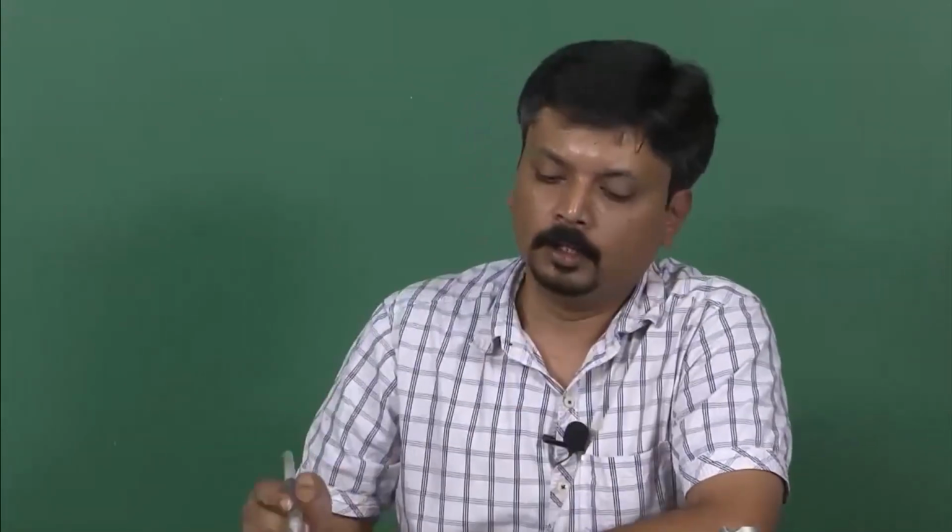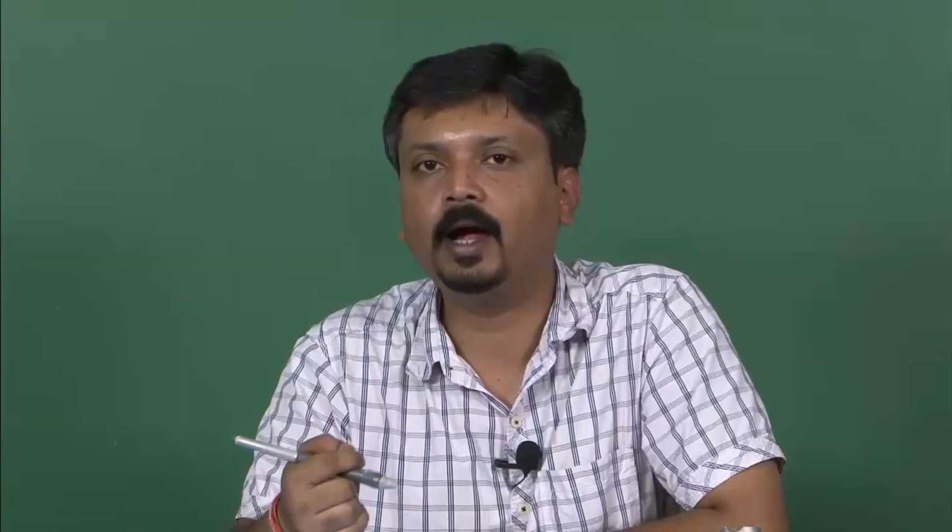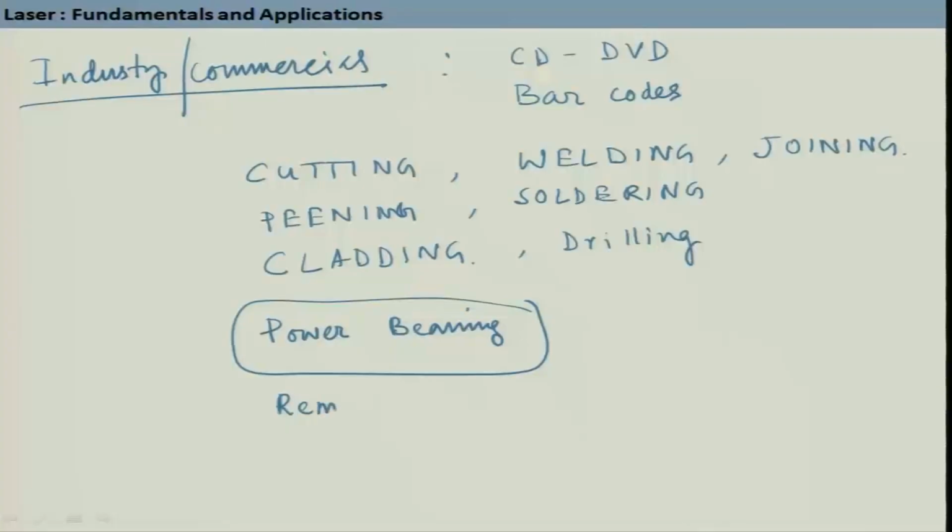Apart from this, if you open any commercial website today, you will see there are various controlling devices, particularly remote controlling devices. There you find the application of lasers. So laser is used in remote sensing devices, which are based on optical sensing mechanisms.